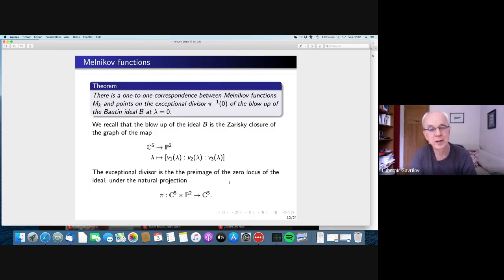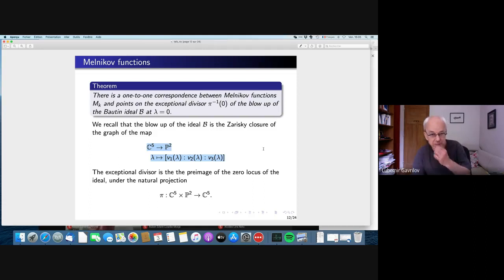There is an identification. So recall what is the definition of a blow up of an ideal. We don't blow up a variety, but rather an algebraic object. It is just the following. Here is, for instance, the situation when you have 3 generators, an ideal generated by 3 binomials.